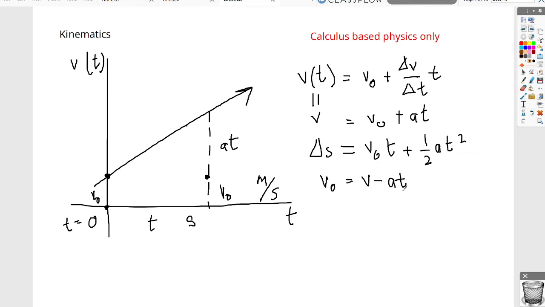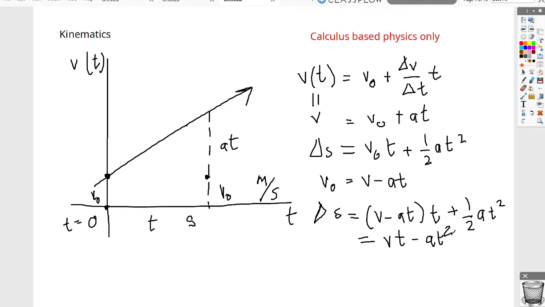Which is not a different equation, but if we want an equation without V naught, then it'll just be delta S equals V minus AT times T plus 1/2 AT squared, which will give you VT. So final velocity times time, final velocity minus AT squared plus 1/2 AT squared.